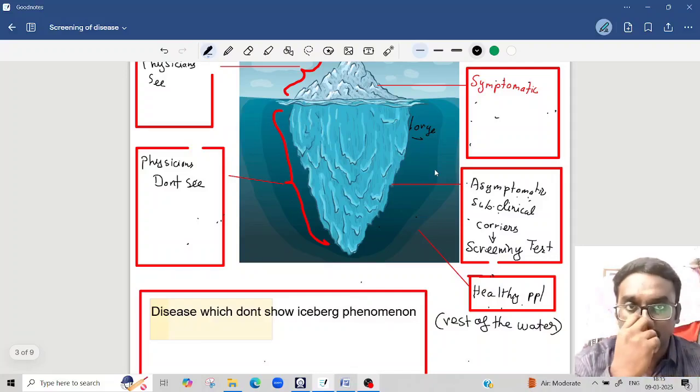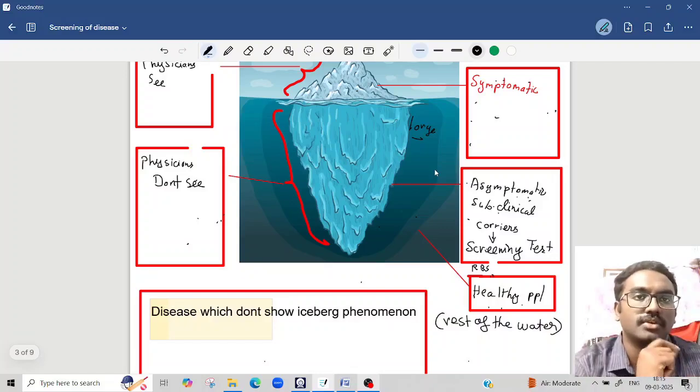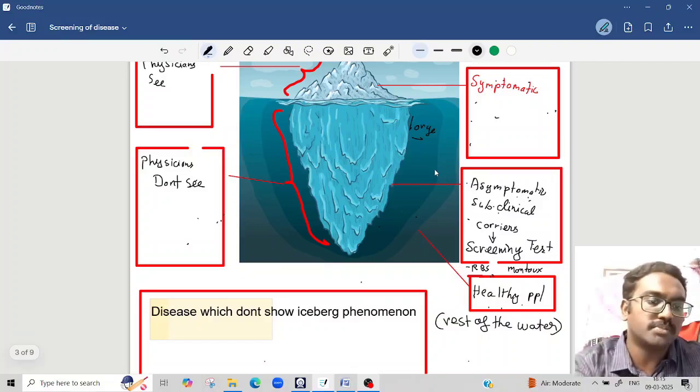but they may be harboring the disease. Some screening test examples are random blood sugar, and one more important screening test we have already seen, Mantoux for TB. So these are some examples of screening tests. What do we have to do for symptomatic cases?